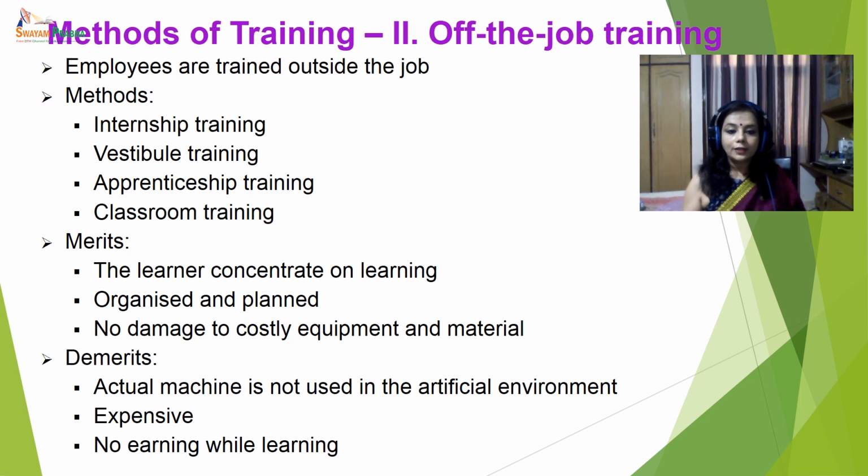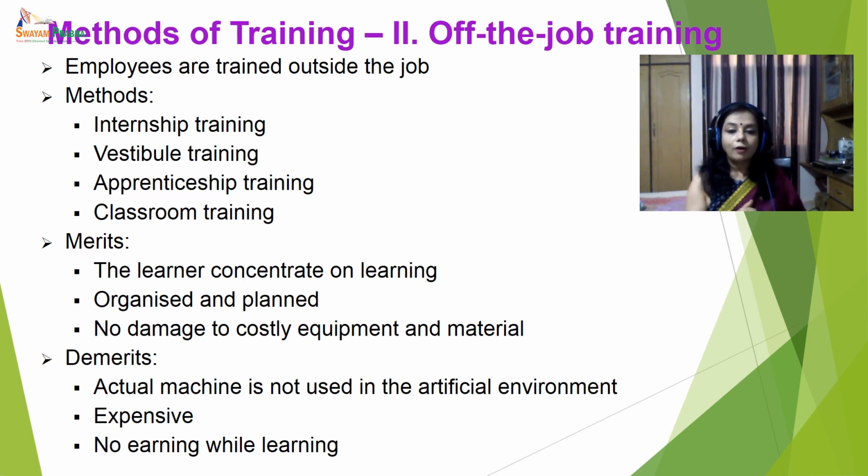The methods used for off-the-job training are internship training, vestibule training, apprenticeship training, and classroom training. When we talk about the merits and demerits, naturally the demerits of on-the-job training become merits here, and the merits of that program become demerits of off-the-job training.